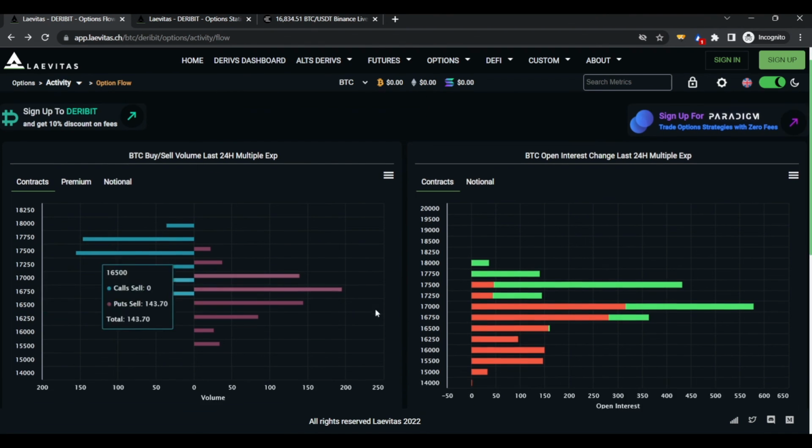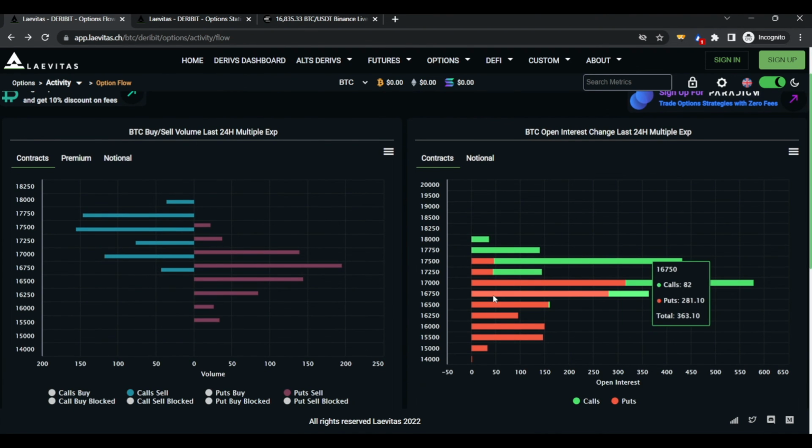Now, what's happening at 16,750 with open interest? It's a big increase, which means a lot of these put sellers are retail traders opening short put positions, which would make them liquidated if price was to fall. So that's a cool little way you can predict people's liquidations by looking at open interest change and at what kind of trades these people are taking, and comparing it to open interest.